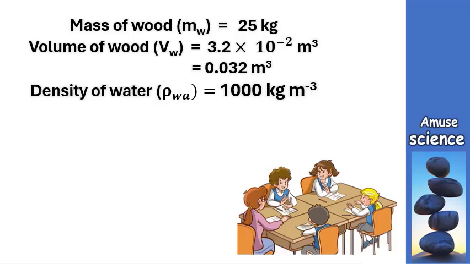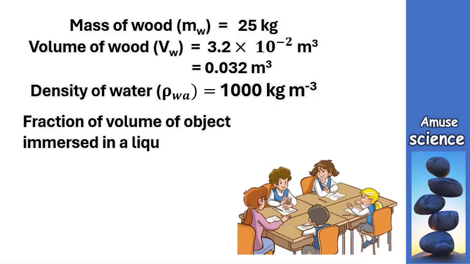Okay, now the question is asking us to find the volume of the wood above the surface of the water. We have just learned that the fraction of the volume of the object immersed in a liquid is equal to the density of the object divided by the density of the liquid.